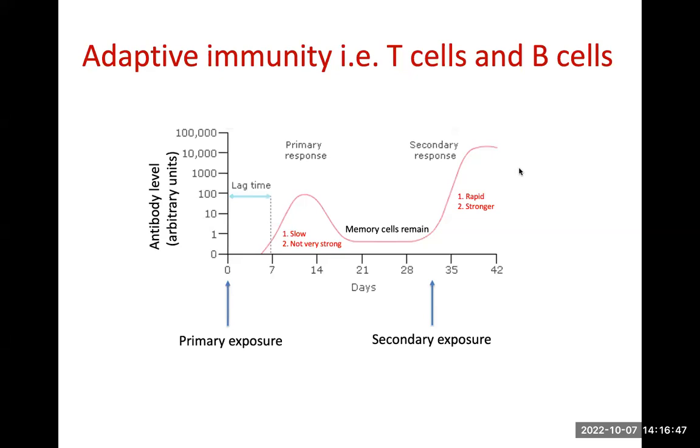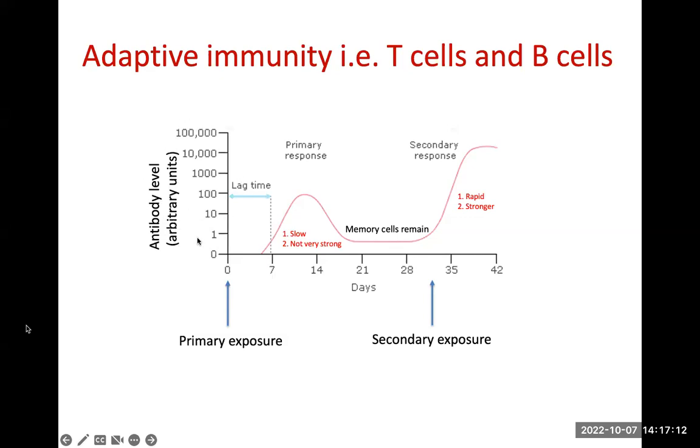So ordinarily, what usually happens is when you get your primary exposure, let's say you get exposed to COVID, it will take a while before the adaptive immune response comes in. And so in this case, we are looking at antibody levels. Remember, antibodies are produced by B cells, which are part of the adaptive immunity.